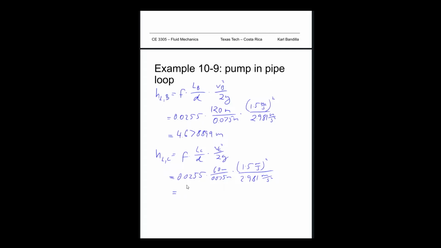And that gives us, to no surprise, exactly half of the other one. 2.33945. Right? Has to be exactly half because the only difference was the length.